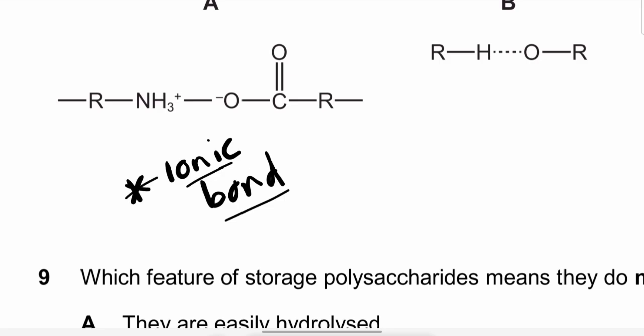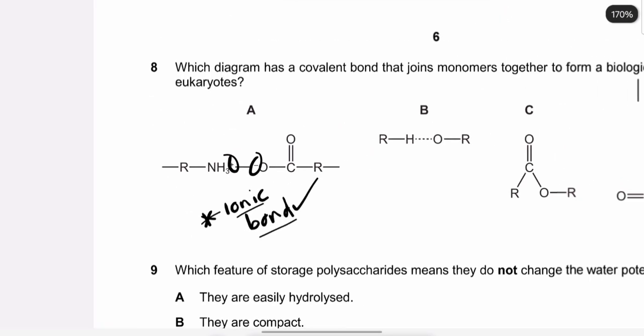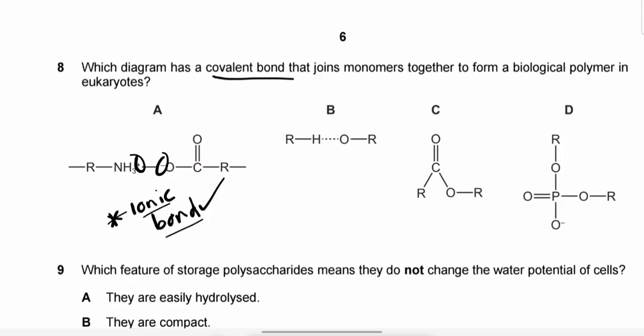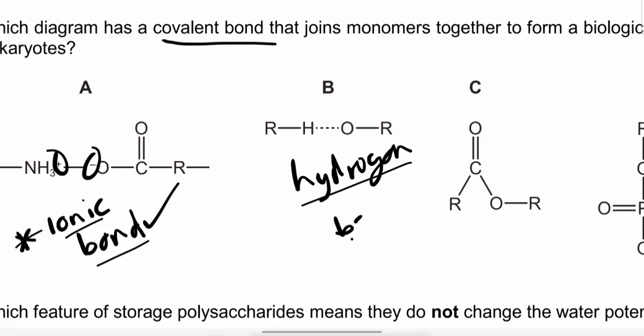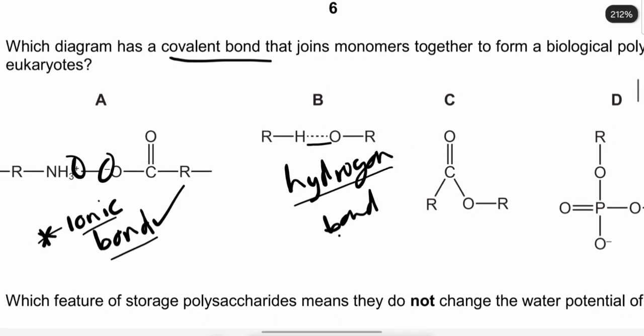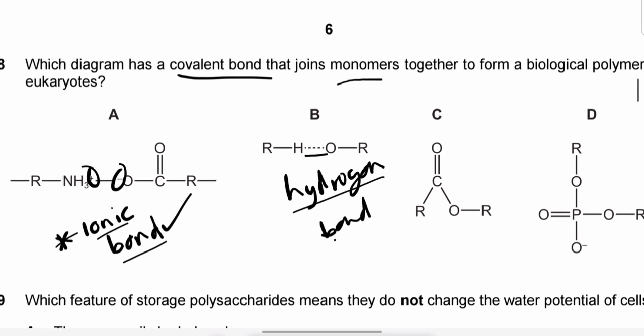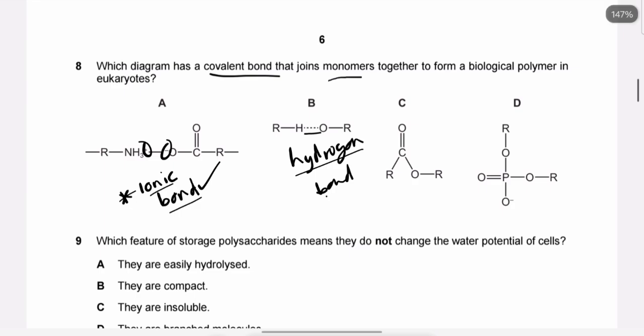It's because it's a bond that is formed between 2 oppositely charged ions, with this positive and this negative, and that forms an ionic bond. But we are looking for a covalent bond. And if we look at B, B is showing us a hydrogen bond. This is a hydrogen bond that forms between oxygen and hydrogen there. And we don't really see hydrogen bonds holding monomers together to form a polymer.